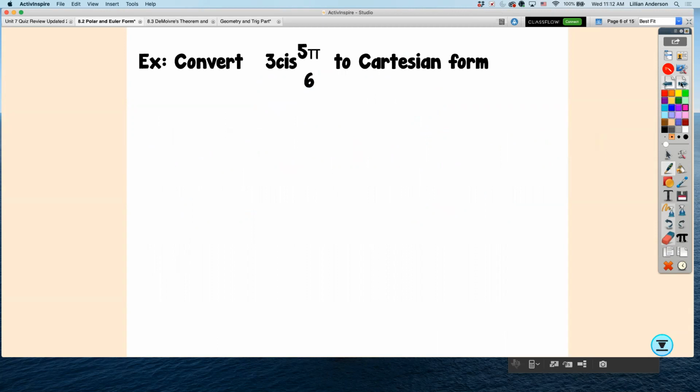All right. We're going to convert root 3 cis 5 pi over 6. In this one, we're going backwards. So we're given the modulus argument form, AKA polar form. Now we're going to Cartesian. And remember, Cartesian is z equals a plus bi, okay?